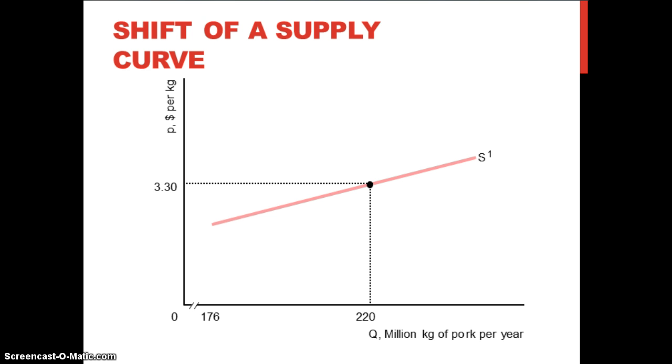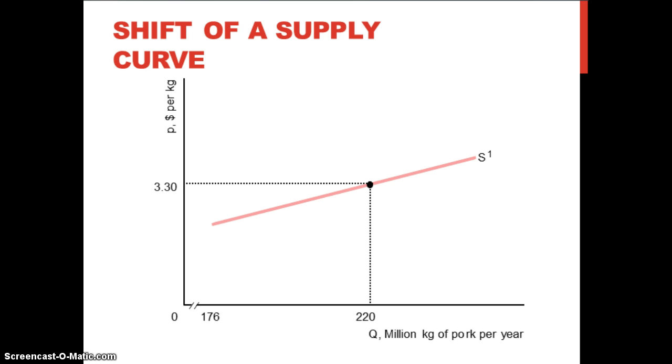The same as the demand curve, the supply curve also shifts when factors other than price change. And also, the supply curve shifts rightward and leftward. But in this slide, we'll just see the case where the supply curve shifts leftward.